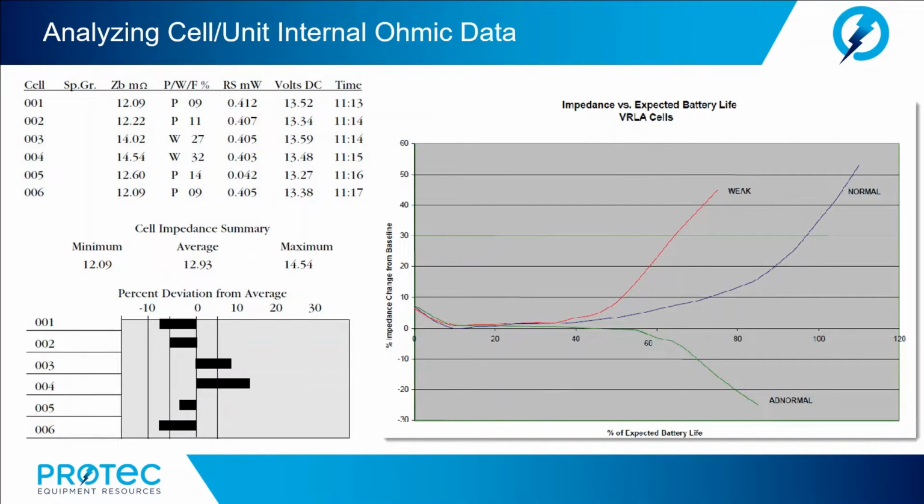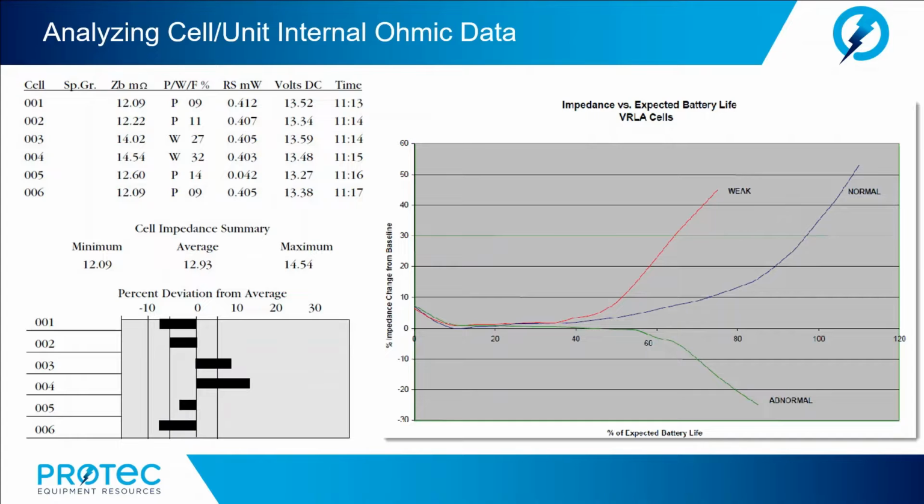By measuring all the individual cell or unit internal ohmic values within a battery string and then calculating the average ohmic value for the entire bank, we can identify possible problematic cells or units before they get to the point where they pull down the performance of healthy cells and units.